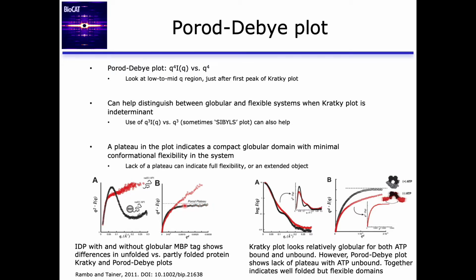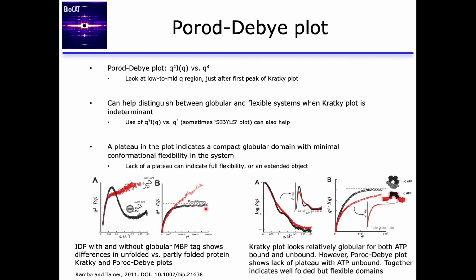This is what we call this leveling out on the q to the 4 I of q versus q to the 4 plot. Whereas the intrinsically disordered system, which has no compact globular rigid system, just continues going up. It has no plateau.